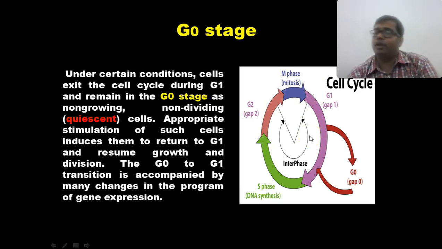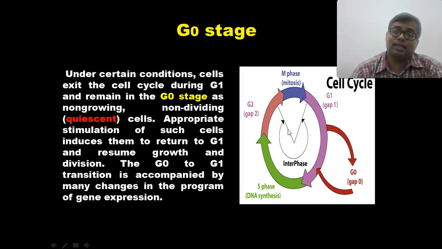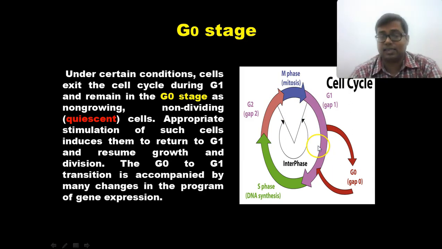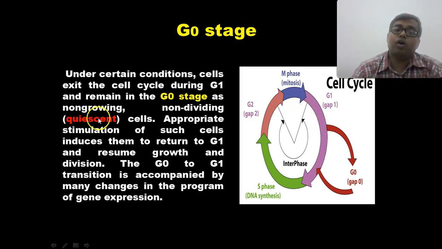So sometimes what happens is the cell cannot get the growth factor or the energy, or you may call it the nutrients in the medium in the case of prokaryotic cells, which is not available enough to perform another round of the cell cycle. So in such a situation where the nutrition is not available enough to run the cell cycle, the cell cycle remains arrested, and that arrested stage is called the G0 stage or quiescent stage.